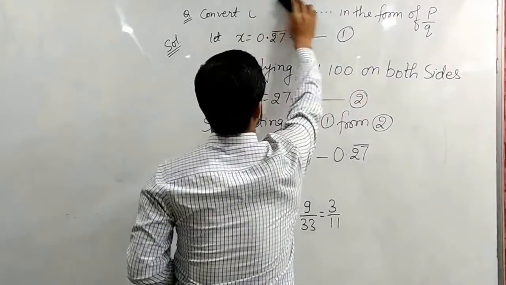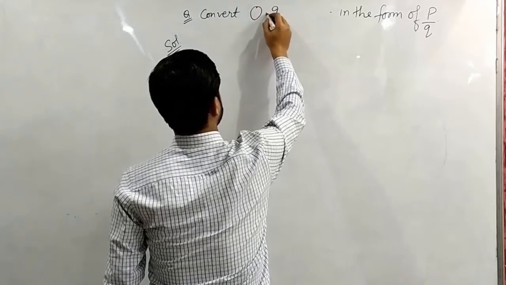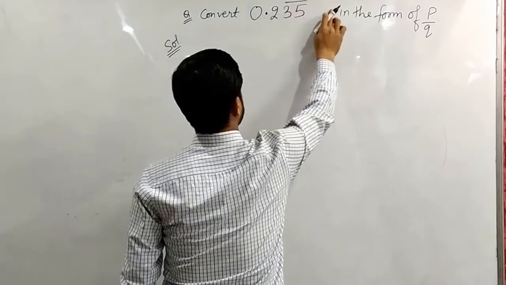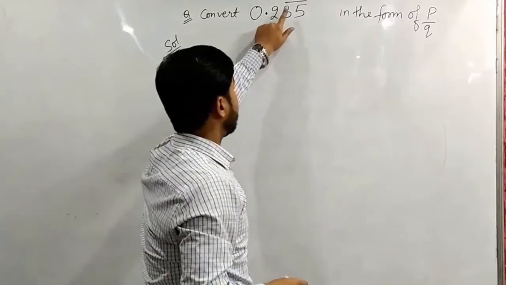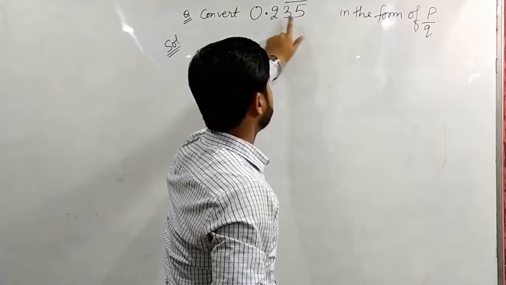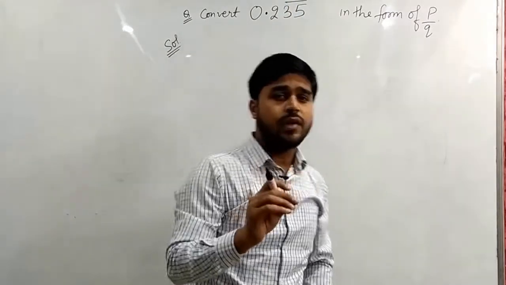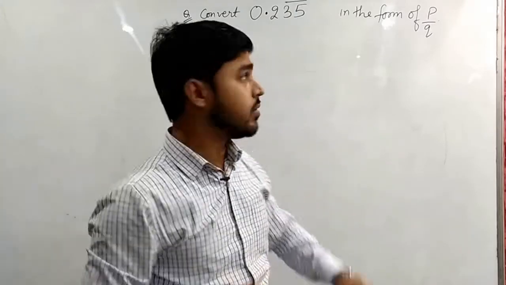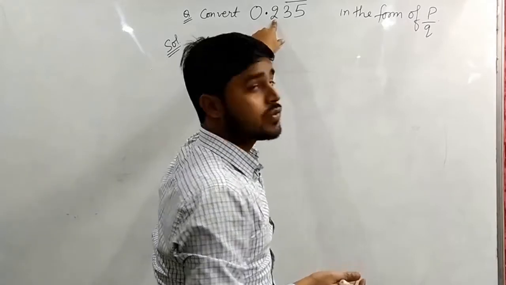And the next part is 0.235 with the bar on 3 and 5. Now here in this question, see clearly, 2 is not repeating. So we have to adopt a different approach from the previous two questions, because there was not any digit on the right side of the decimal which was not repeating.